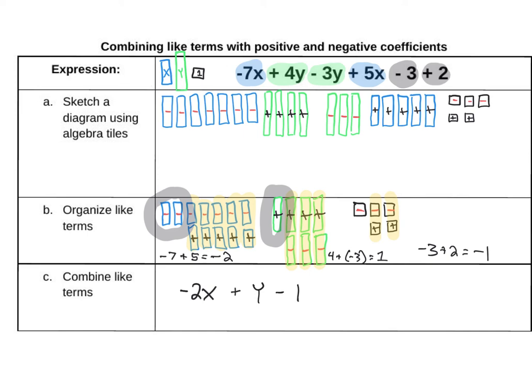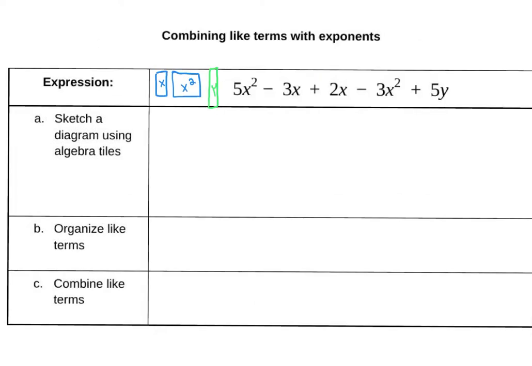And I now have -7x plus 4y minus 3y plus 5x minus 3 plus 2 all simplifies down to -2x plus y minus 1. So I want you all to try this one on your own and then come back here and check in and see how you did.